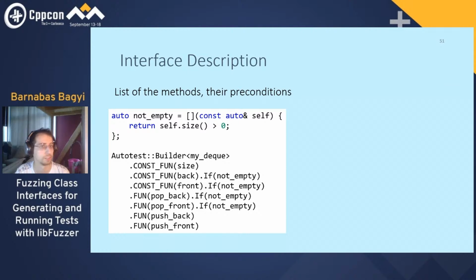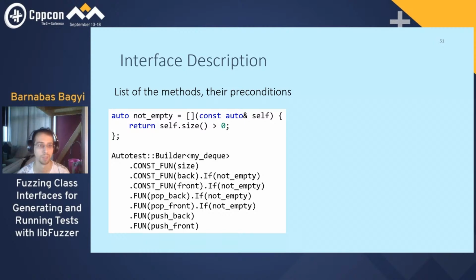It takes a constant reference of the object and returns whether it is empty or not, quite easy. And this lambda, or any other functor taking the reference of a class and returning a bool, for that matter, can be used to define the precondition of a method. And this is great, right? Now we've passed the place when we would like to call invalid methods, because we can define every single precondition that we would have like this.